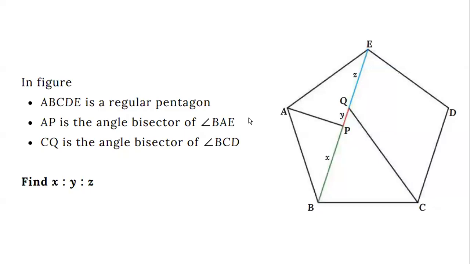So hello guys, in this video we are going to solve this problem. In this problem it is given that in the figure ABCDE is a regular pentagon and AP is the angle bisector of angle BAE, and CQ is the angle bisector of angle BCD.